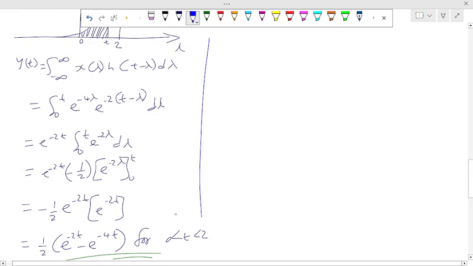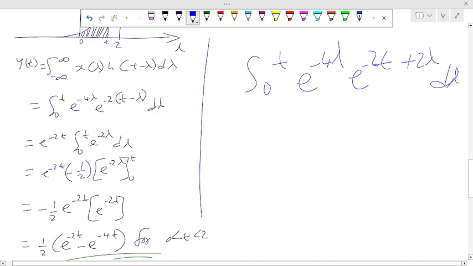Okay, so from this point you open the bracket: minus 4 lambda, e raised to the power minus 2t, multiplied by plus 2 lambda, d lambda. So all we did here was just multiply 2 by what we have inside. 2 multiply this will give you what?